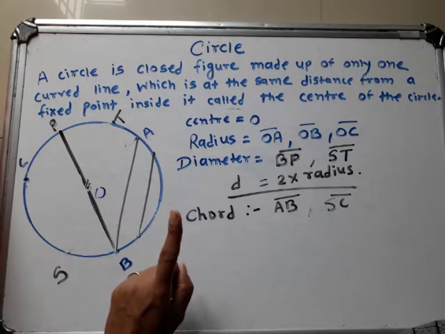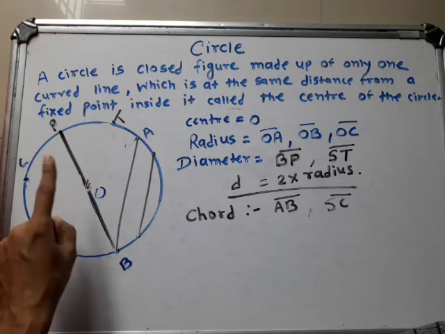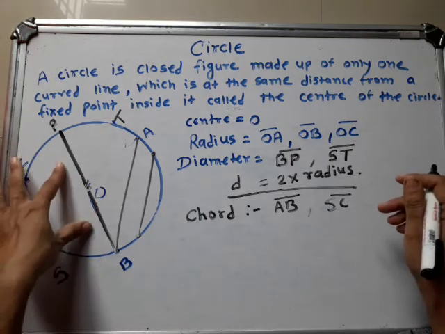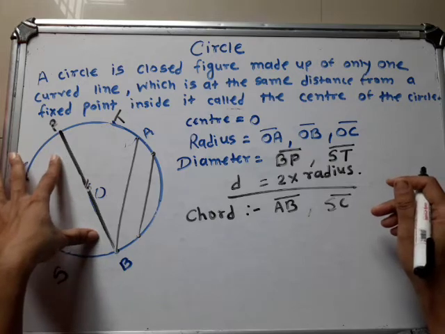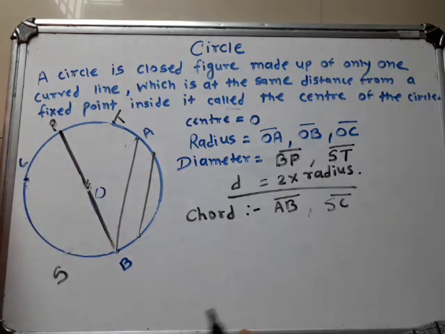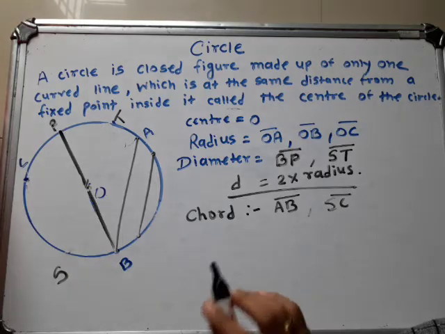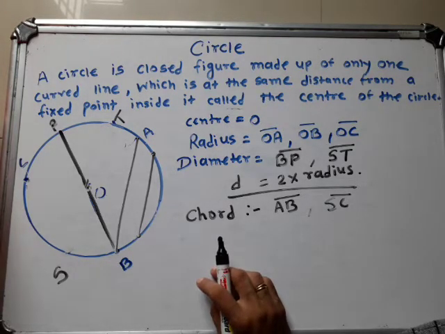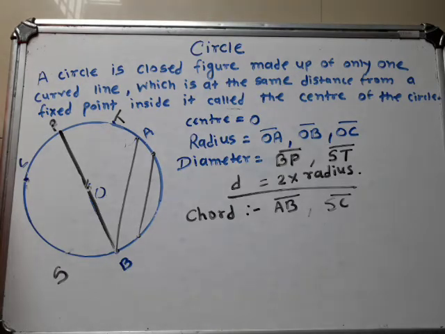Diameter passes through the center, but chord passing नहीं करता. A diameter is also a chord, so BP is also a chord, but you have to write the definition: when two points on a circle are joined by a line segment, it is called a chord.